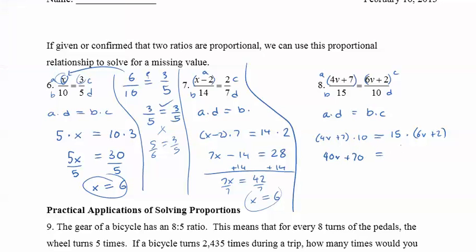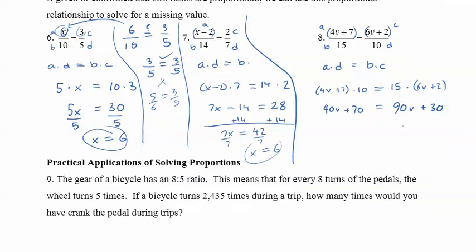So 90v plus 30. And now you just solve the equation. So we want v on the same side. So subtract 40v from both sides. So 70 equals 90v minus 40v, which is 50v plus 30.